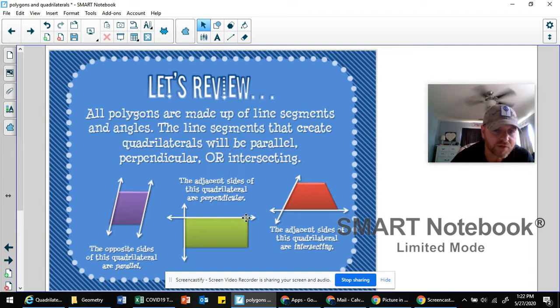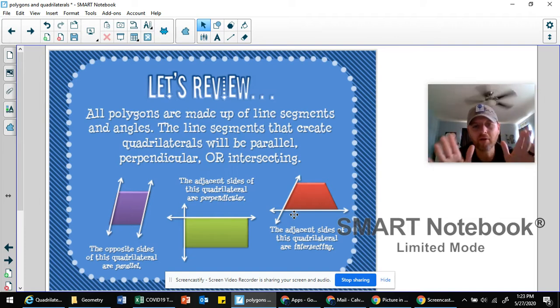You can see this top side where it meets with this left side, they're perpendicular because the angle that they form here is a right angle. And then finally, we have this one over here. That's another example of a quadrilateral because it's made up of four sides and four angles. The adjacent sides of this quadrilateral are intersecting. So the left and the bottom are simply intersecting. They're not perpendicular because they don't form right angles.